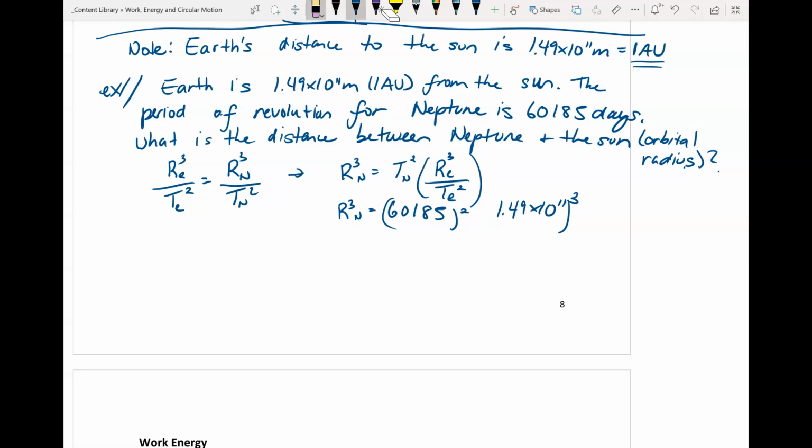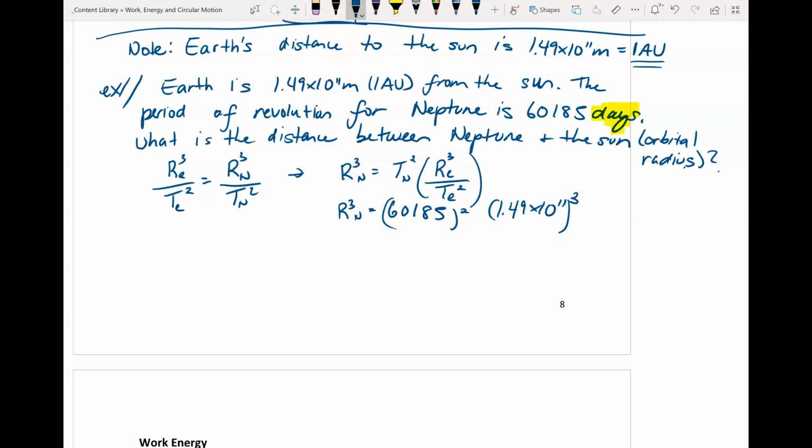And then for our time period to orbit around the Sun for the Earth, we are going to express this in days, as you can see the period of revolution is in days in the question.